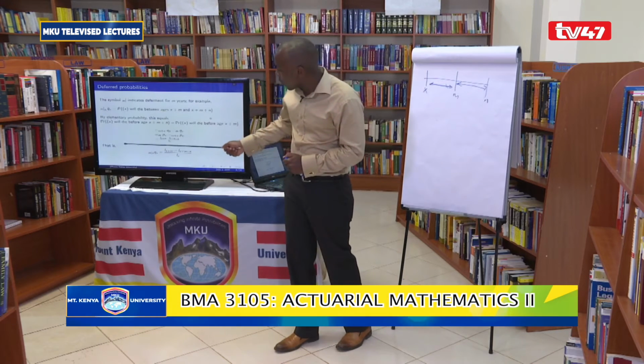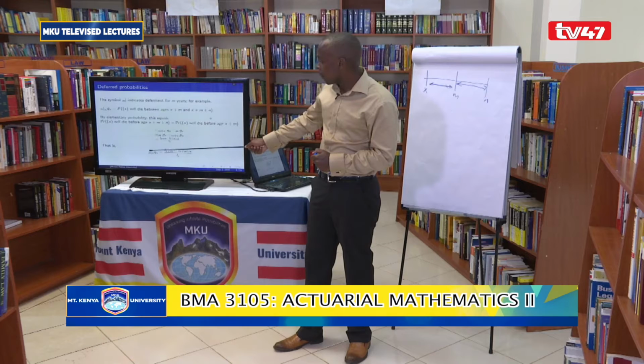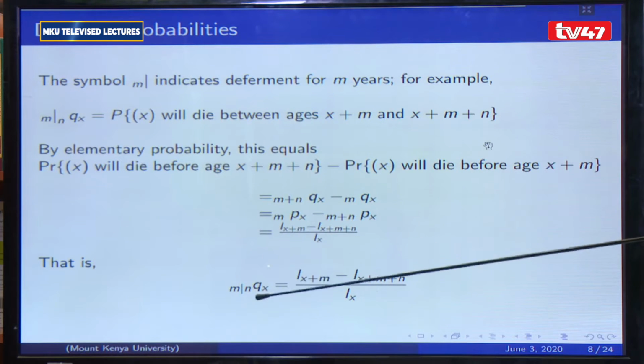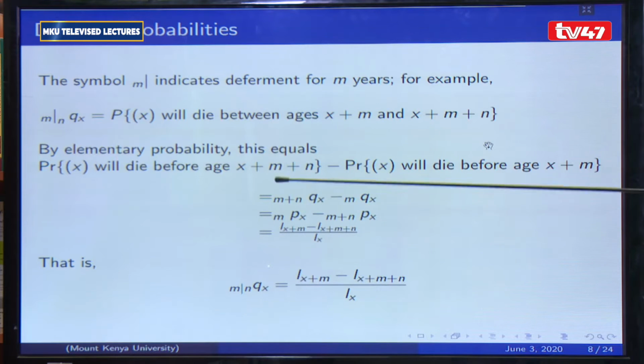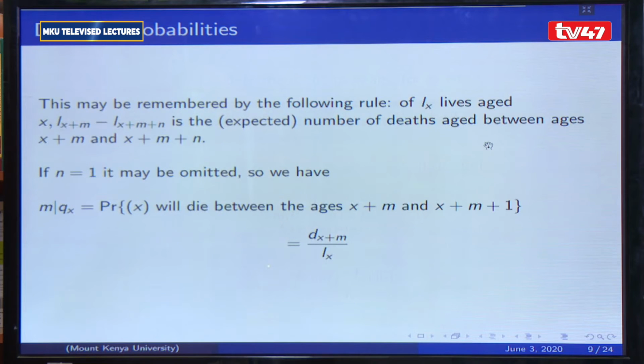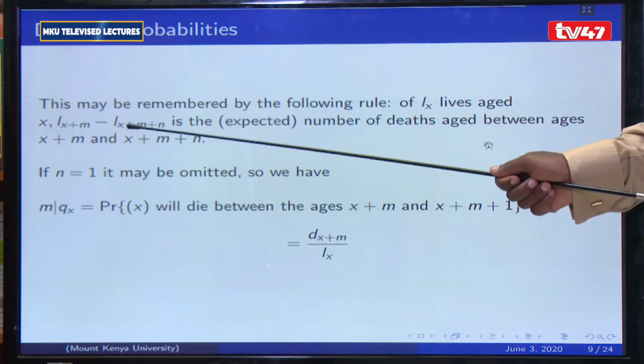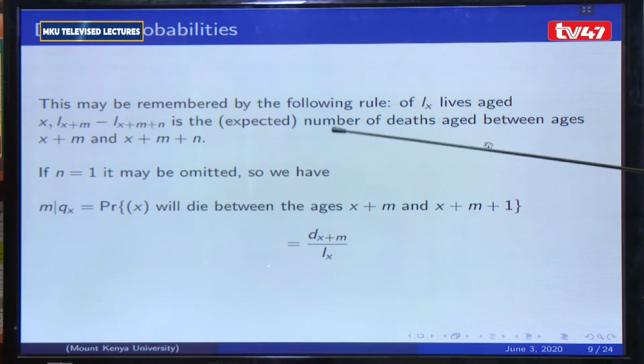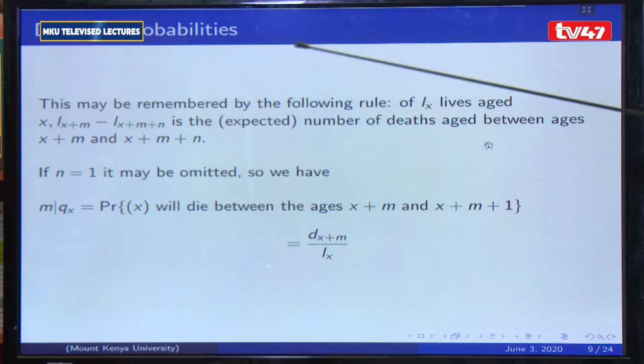Mathematically, this is how we find the probability that a life dies between ages x plus m and x plus m plus n.